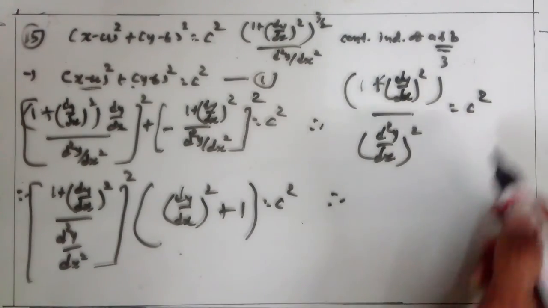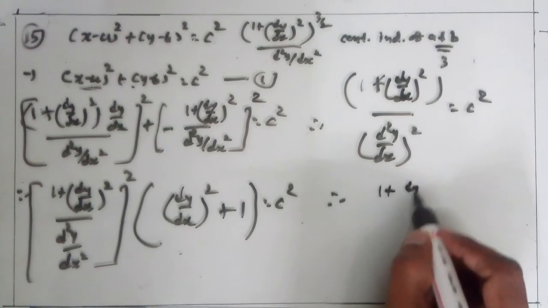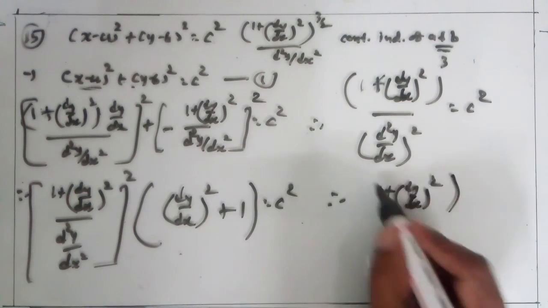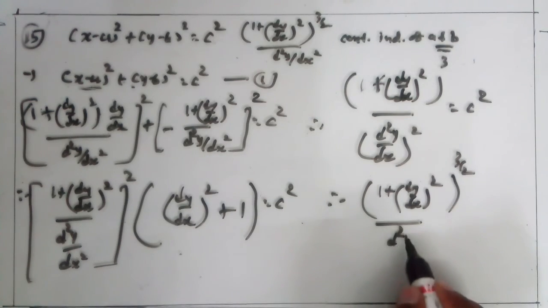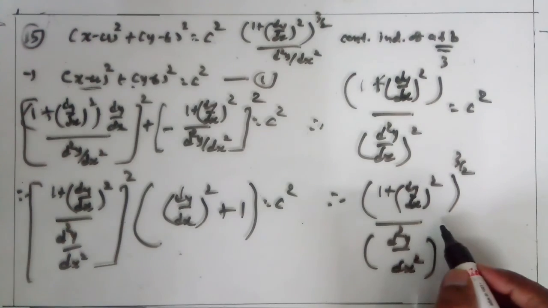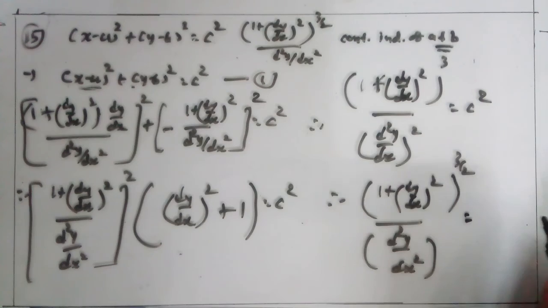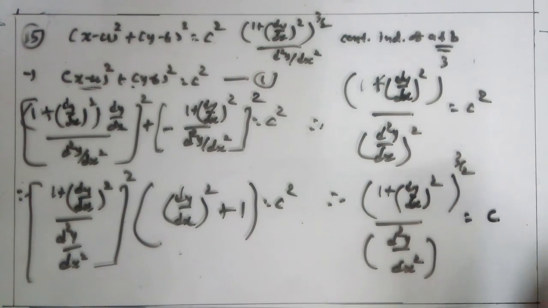Therefore, apply the square root on both sides. So we get [1 + (dy/dx)²]^(3/2) upon d²y/dx² is equal to c.